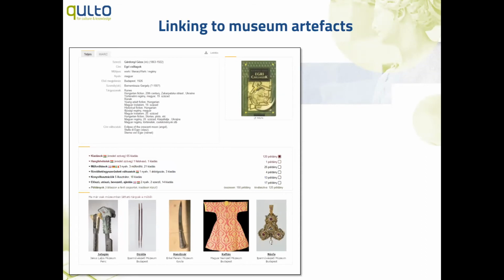For example, in the case of a novel that took place in the Middle Ages, there are several objects that are not used nowadays, like weapons and clothes and other artifacts, but museum catalogs have images and content about these objects. So it is easier for teachers to show the students and explain to the students what they are reading about.